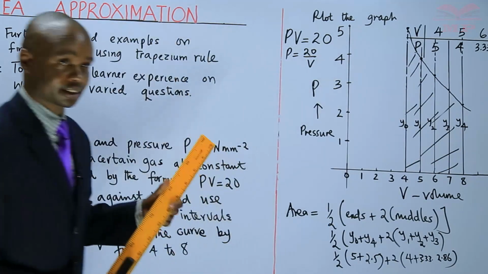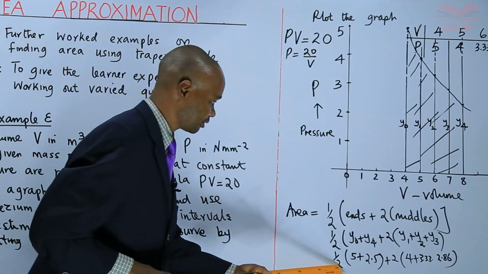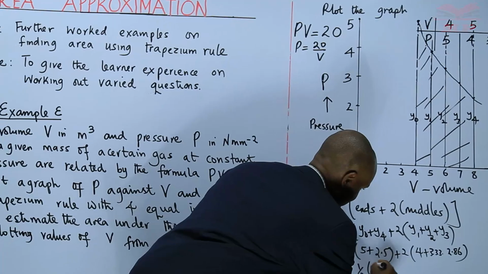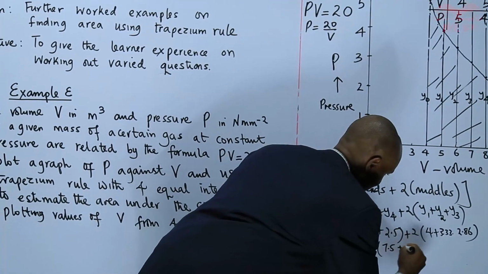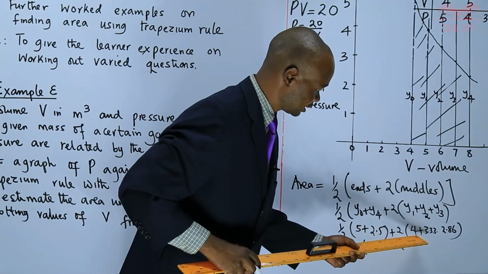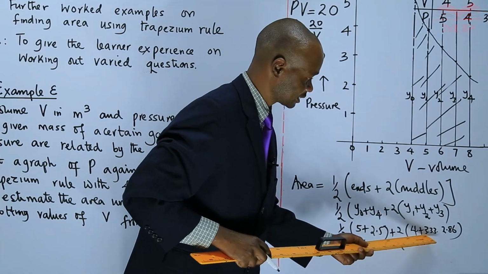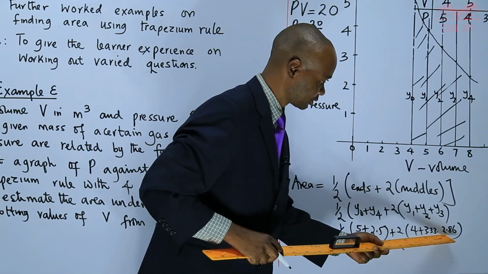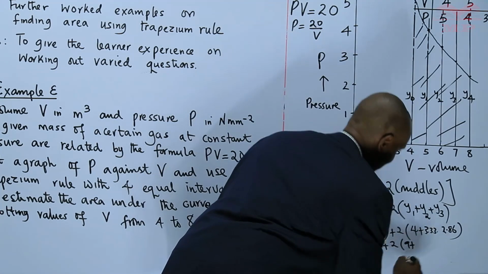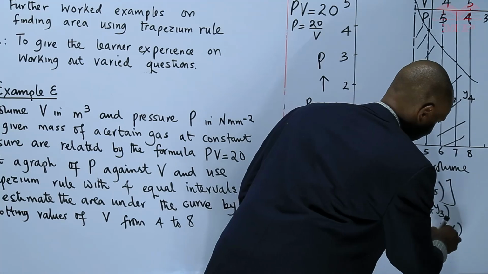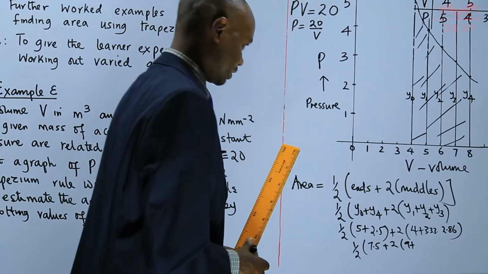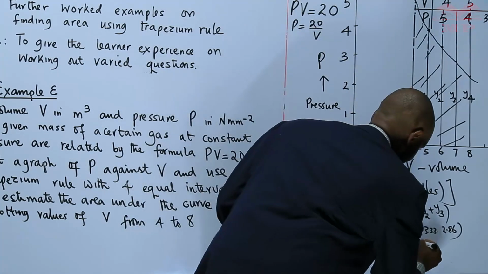Those are the values you get. So you'll come here, it is 1 over 2 into 7.5 plus twice into, add the whole numbers. 4 plus 3, 7. 7 plus 2, 9. So you'll get 9. Add the decimals, 0.33 plus 0.86. You'll get 1.19.